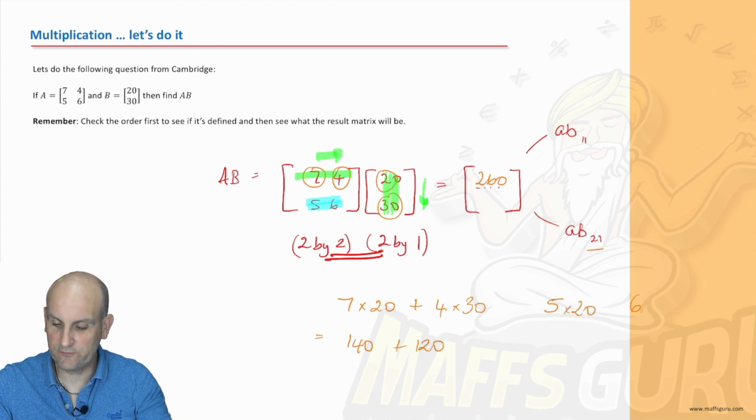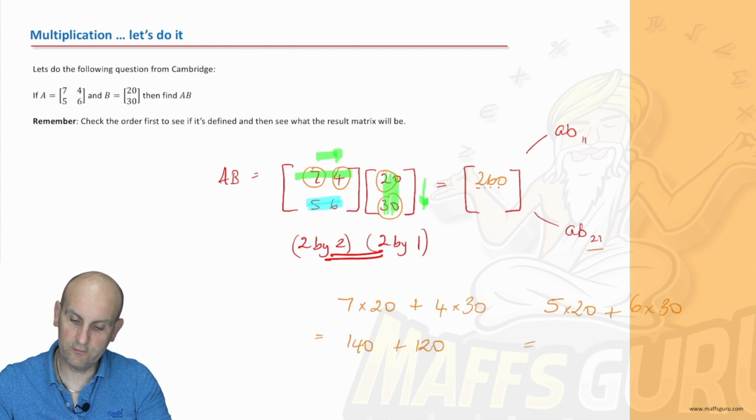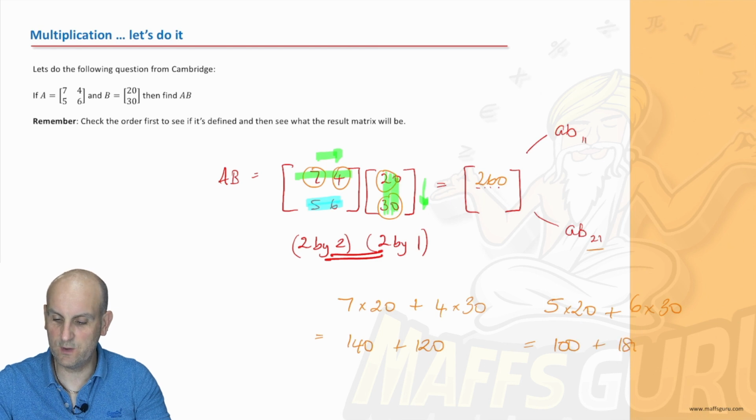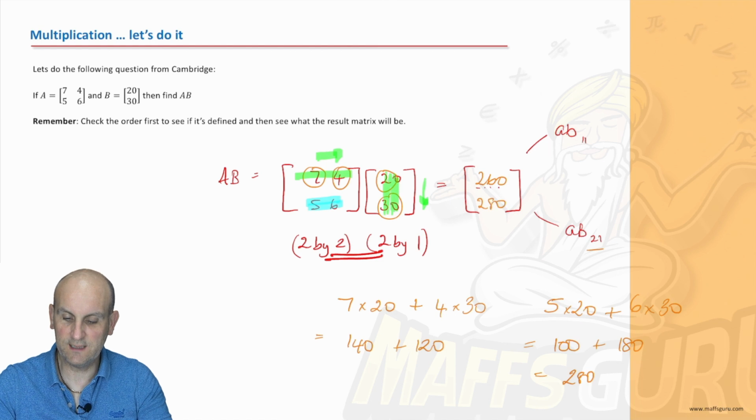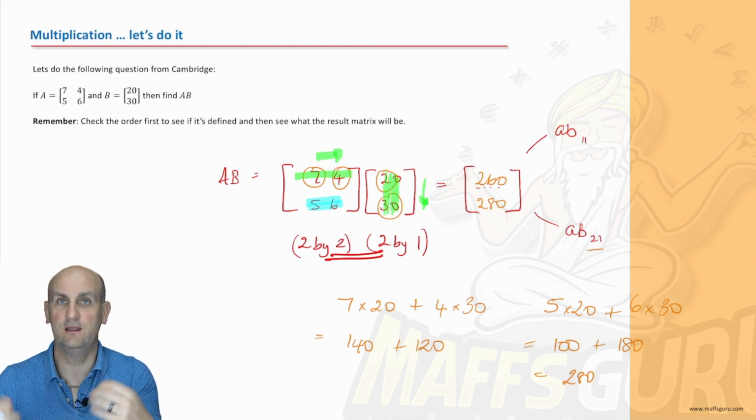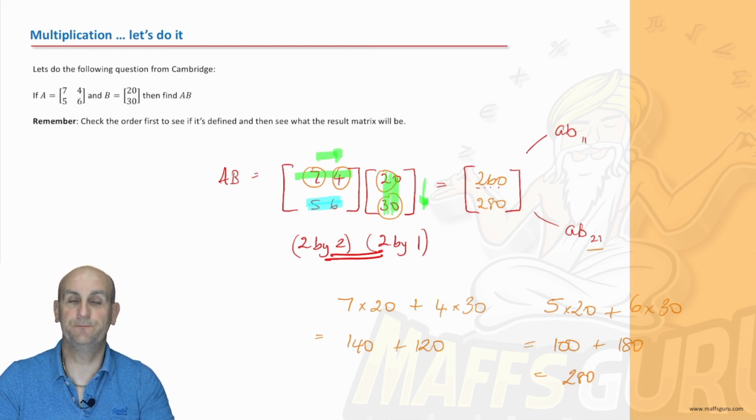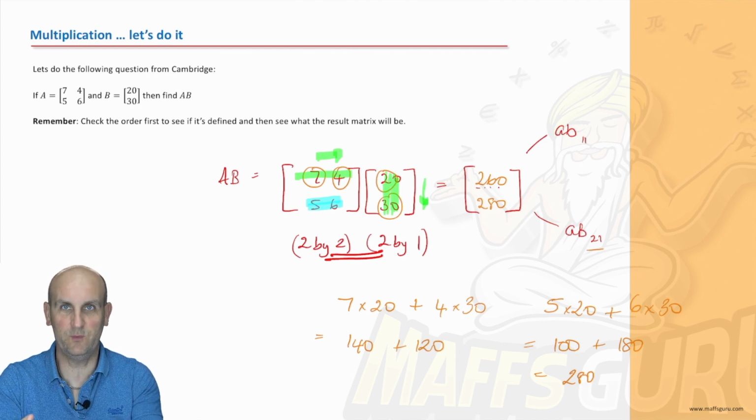So 5 times 20, 6 times 30, and add them together. Orange on orange wasn't the best choice of colors, was it? 100 plus 6 times 30, 180, which gives me 280. And ladies and gentlemen, ka-ching, there we are, our matrix multiplication. All right, I've got a number of other examples, don't worry, that is basically how to do it.